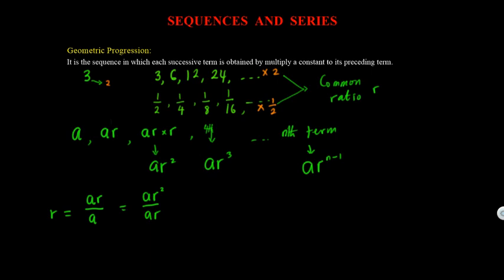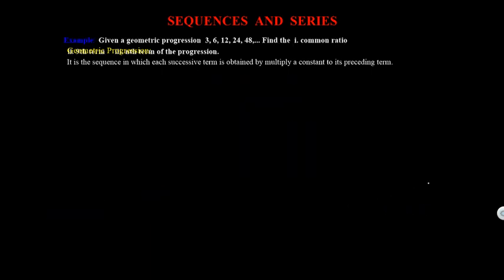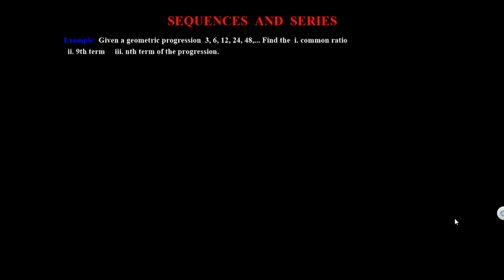Now let's try to take an example from this. Example. The question says, given a geometric progression, we should determine the common ratio, the ninth term and the nth term of this sequence.